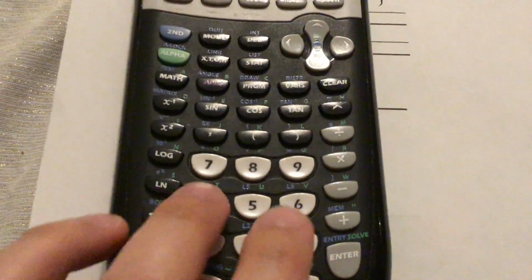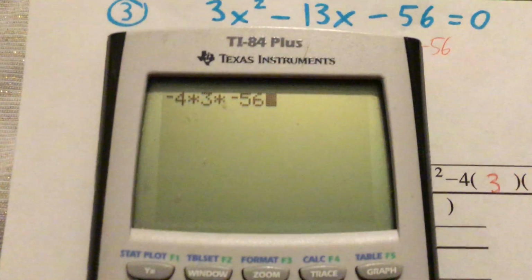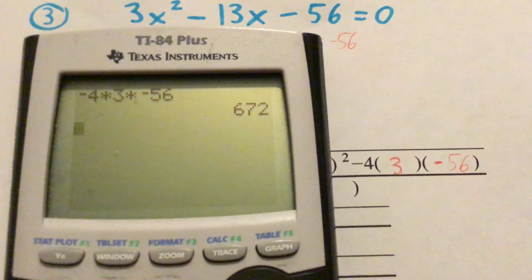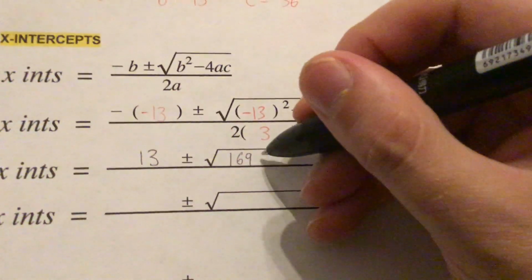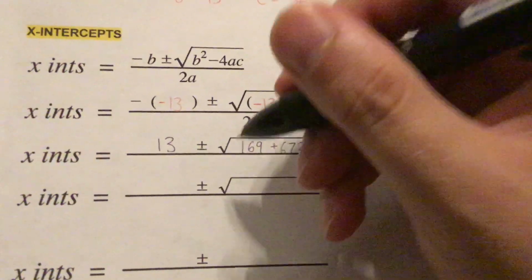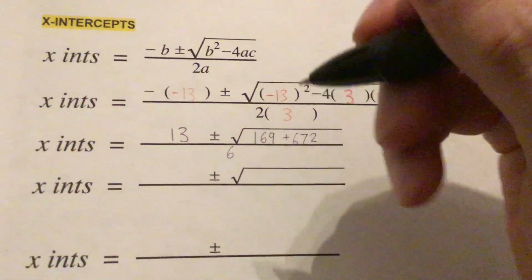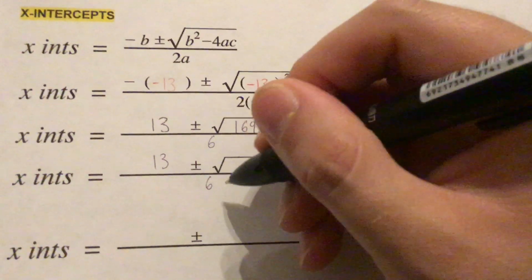So I've got negative 4 times 3 times negative 56. So that's going to be positive 672. Yeah, I'm going to need a calculator. So all that over 2 times 3, which is 6. So now I've got 13, 6 on the bottom.